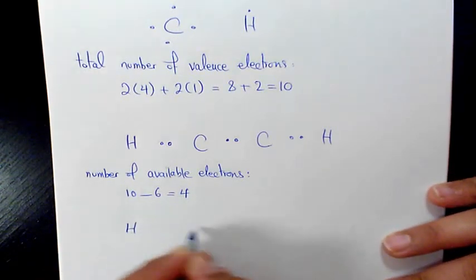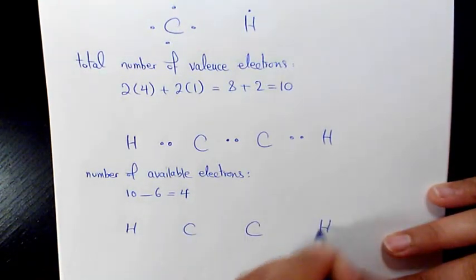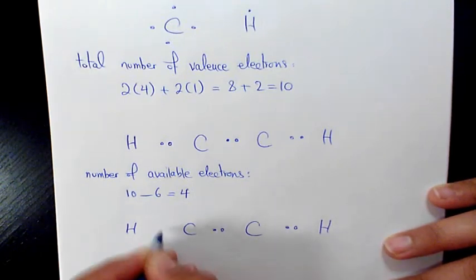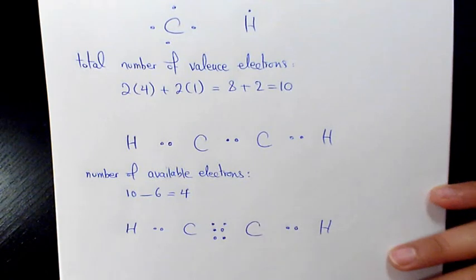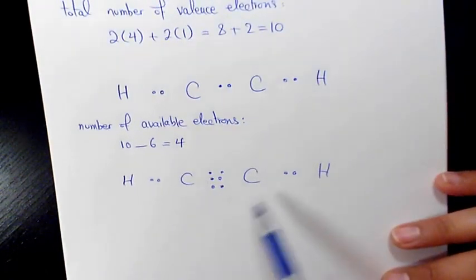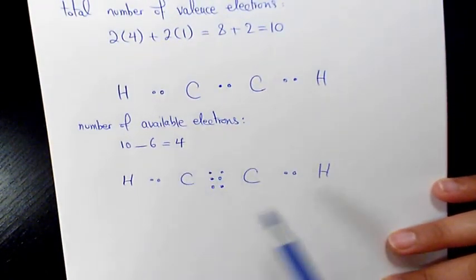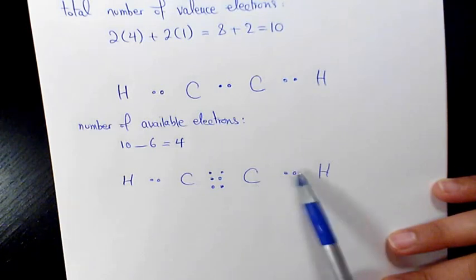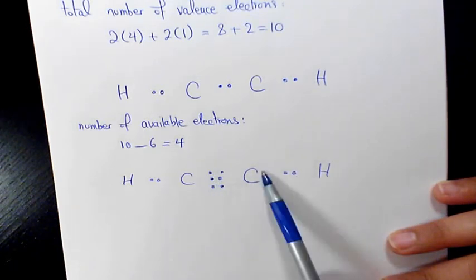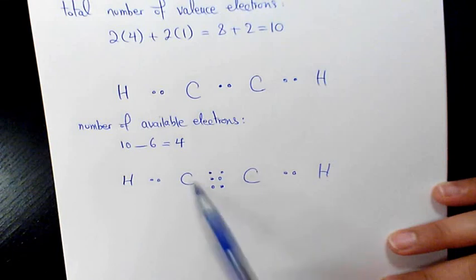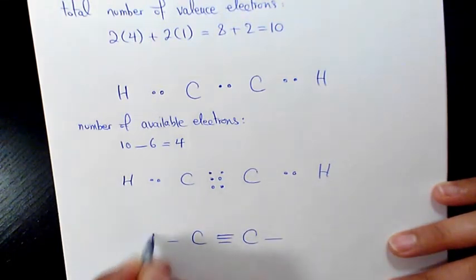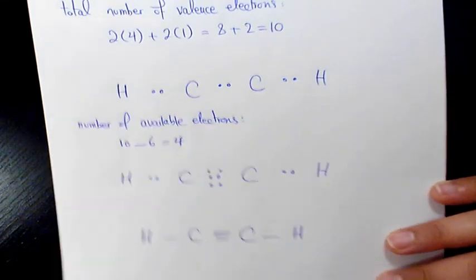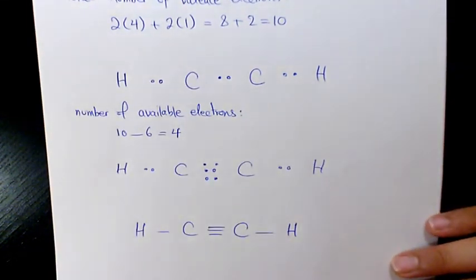So that's going to be like that. And now we used them all, and we have the octet rule for carbon, 2, 4, 6, 8 here, 2, 4, 6, 8 for this one. So we just change them to dashes. So that's going to be the Lewis structure for acetylene.